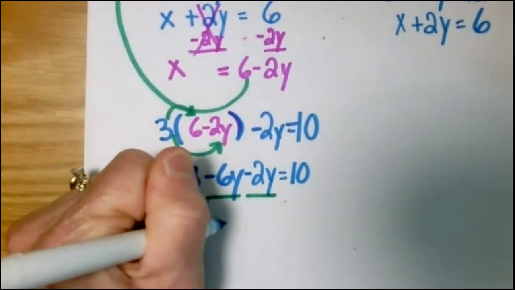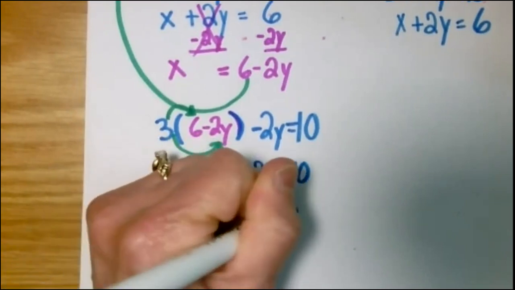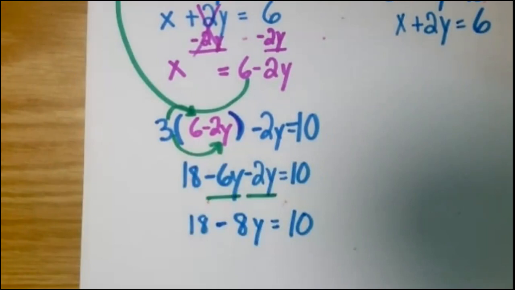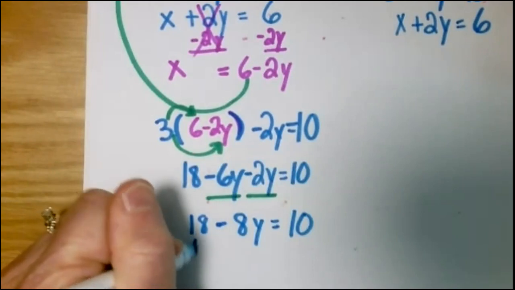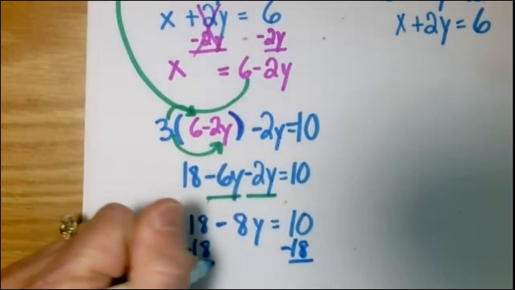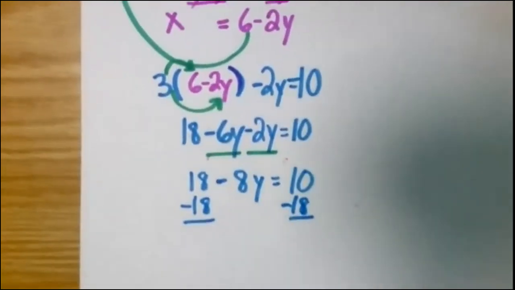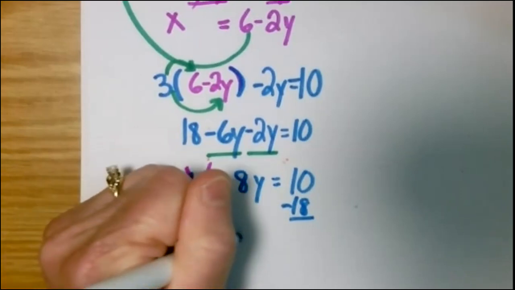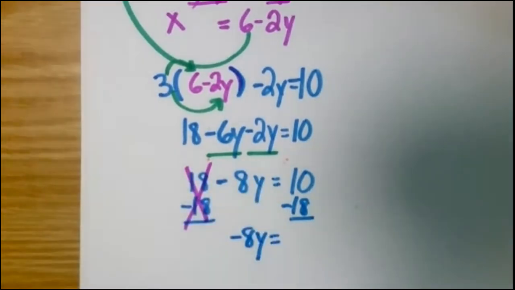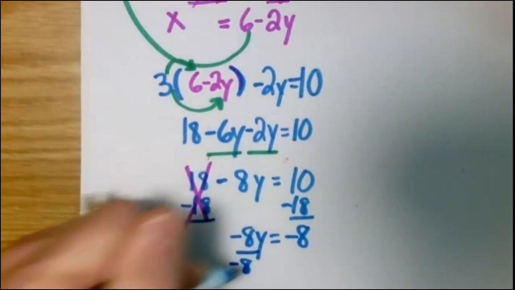So I have 18 minus 8y equals 10. Now I'm going to get the y by itself, so I'm going to subtract 18 from both sides. My 18 and my negative 18 cross off, and I'm left with just negative 8y equals negative 8, because positive 10 minus 18 will leave me with a negative 8. I'm going to divide both sides by negative 8.